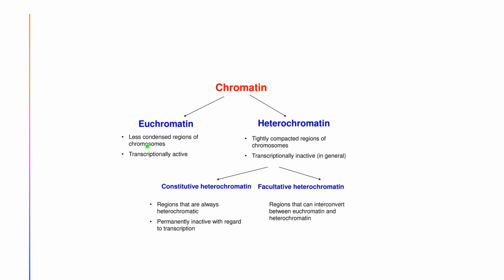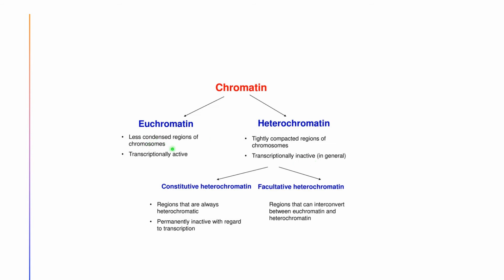Euchromatin is the less condensed region of the chromosome. Less condensed means they are loosely condensed regions. Chromosomes are loosely placed. But when you say heterochromatin, the chromosomes are very compact, very tightly placed regions of the chromosome. At the same time, euchromatin is transcriptionally active, while heterochromatin is transcriptionally inactive.